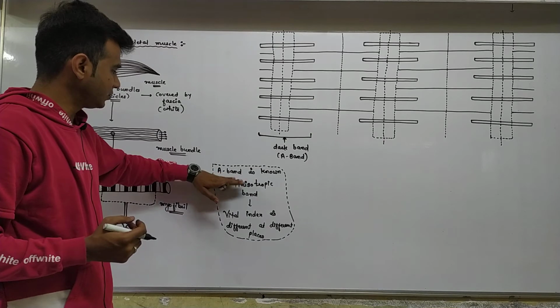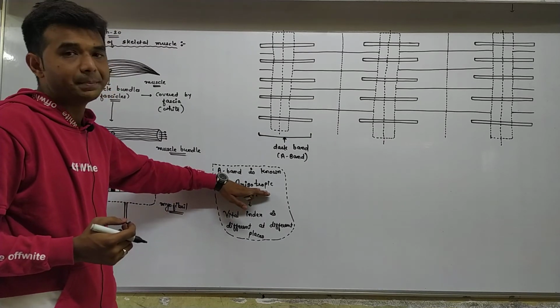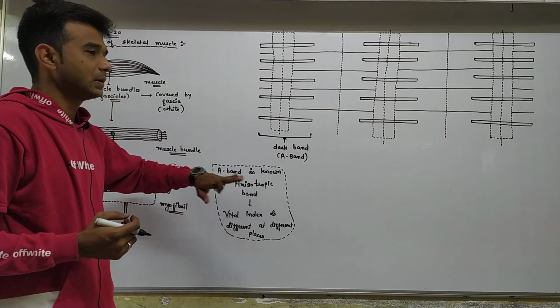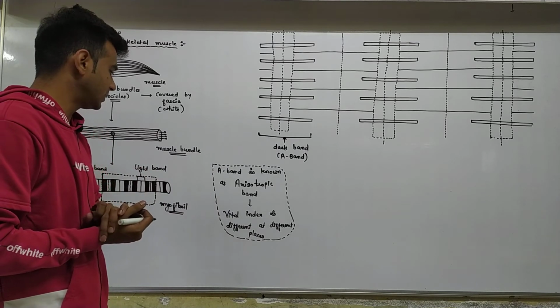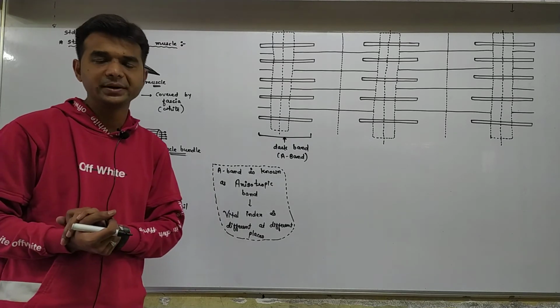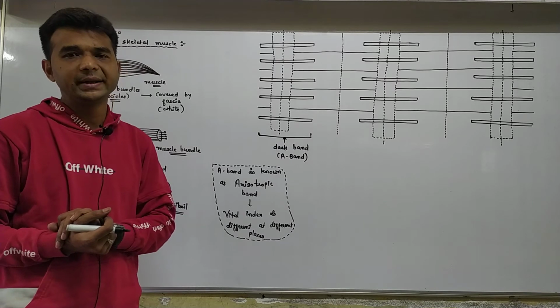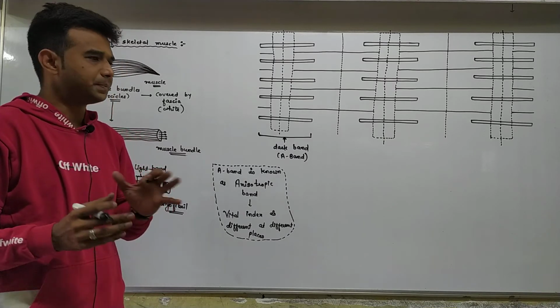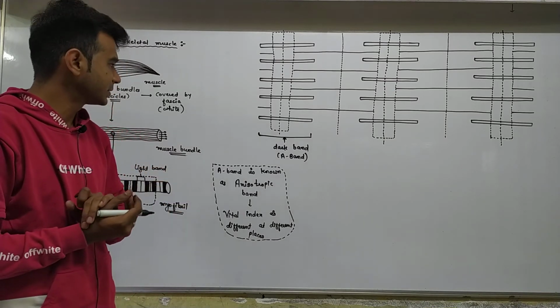The A band is known as the anisotropic band. Anisotropic means here the refractive index is different in different areas, not an equal refractive index.